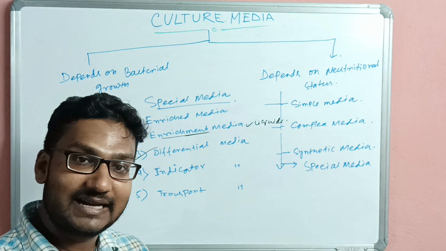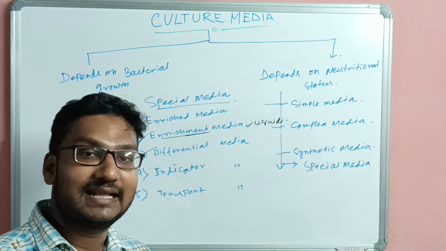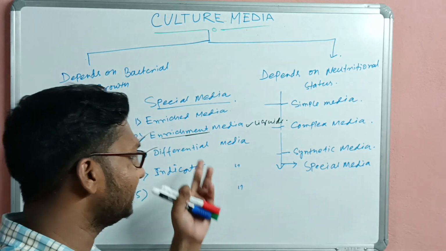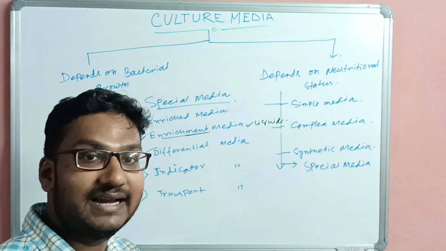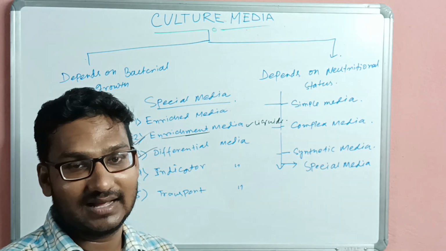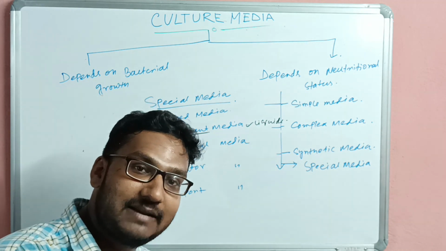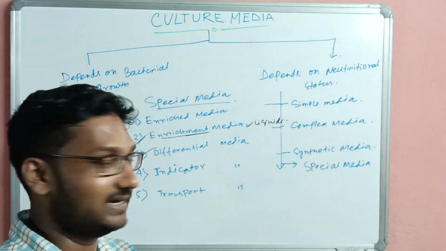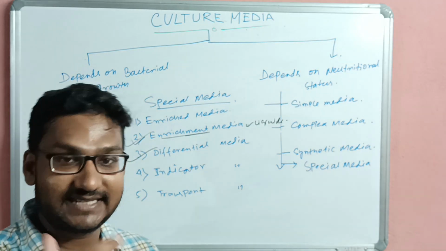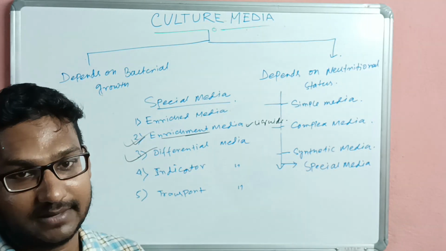When bacteria ferment the lactose, it forms an acid and changes the pH, and the indicator gives a different color of colony. That's why we can differentiate between lactose fermentative and non-lactose fermentative colonies.